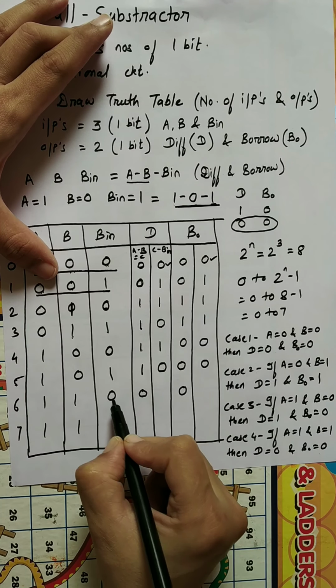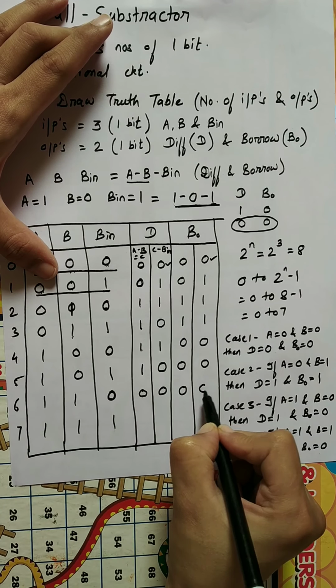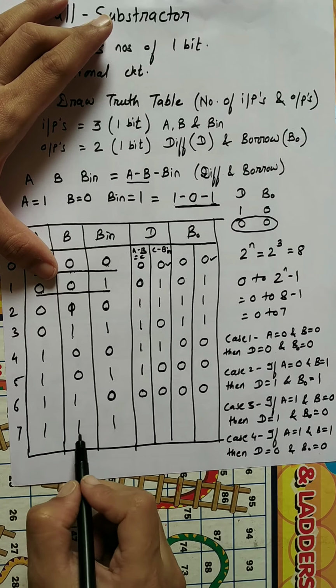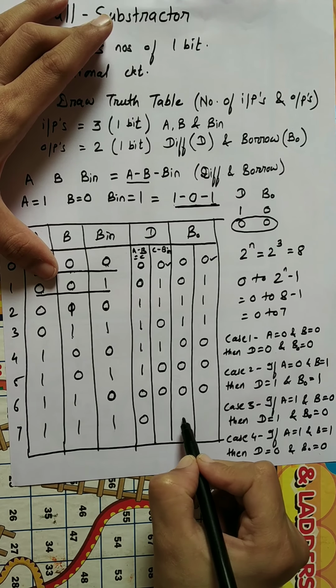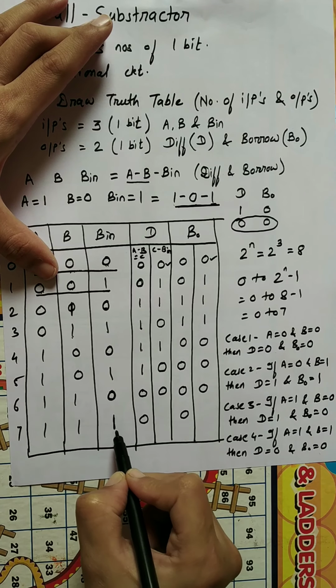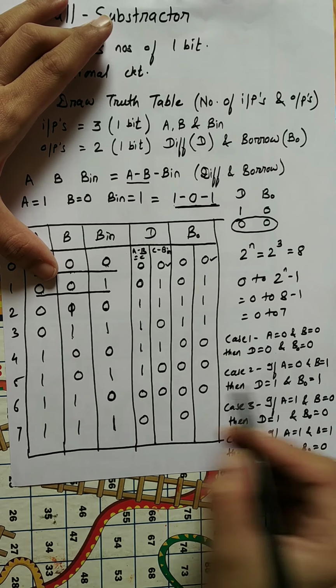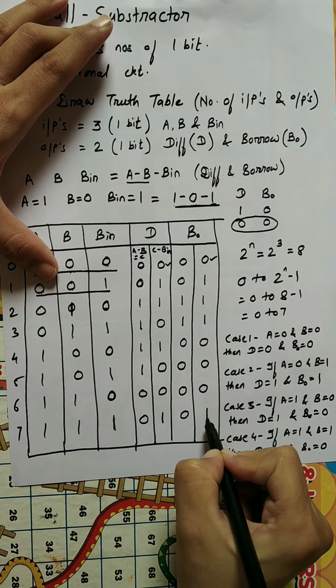Now from this 0 I have to subtract this 0, right? So 0 minus 0 is difference 0 and borrow 0, right? Now last case 1 minus 1, that means difference 0 and borrow 0, right? From this difference 0 I have to subtract this b in. So 0 minus 1 is your second case, so it will become difference 1 and borrow 1, right?